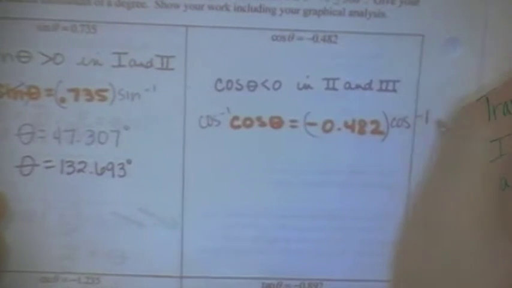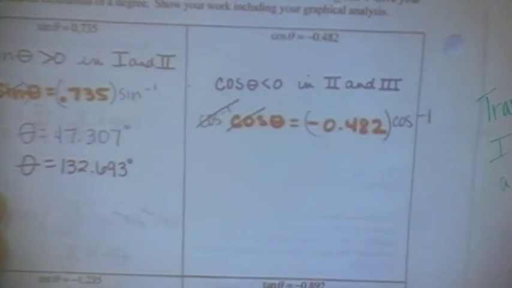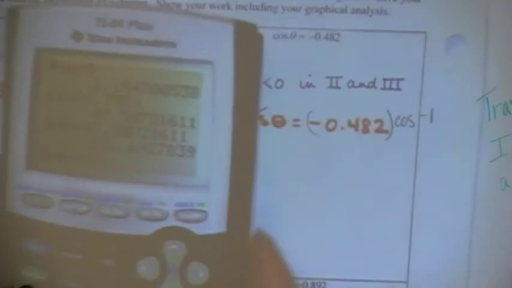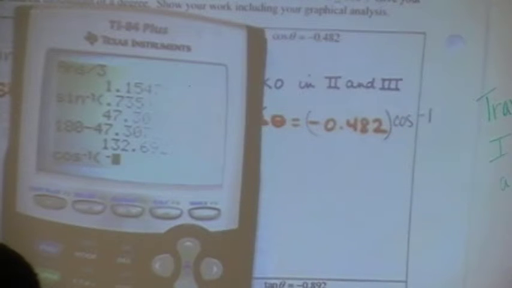Alright, I'm trying to isolate cosine, which means I have to arc cosine or inverse cosine. I'll plug it into my calculator.